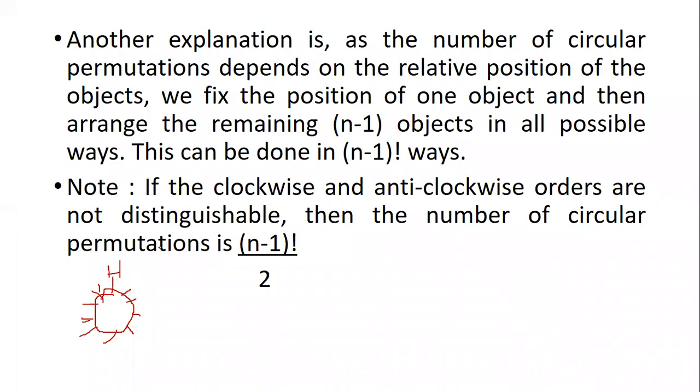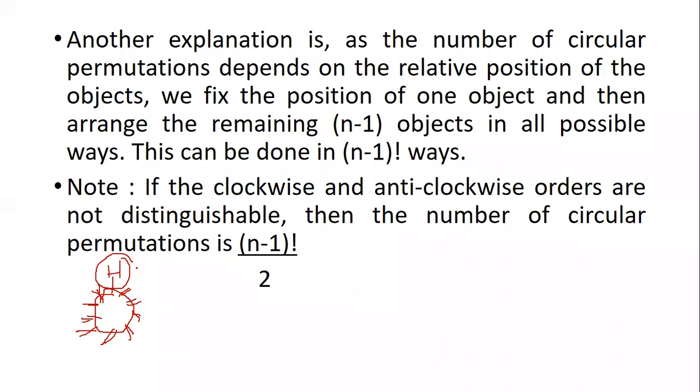So in a few questions, we might fix one person's position, and then calculate the positions of the other people sitting in a circle or a ring. In that case, we will arrange n minus 1.